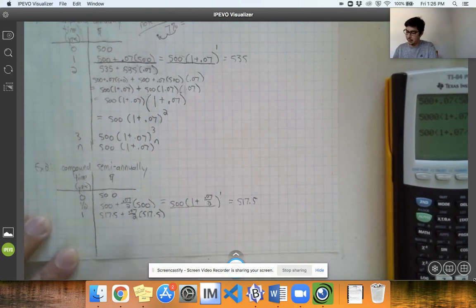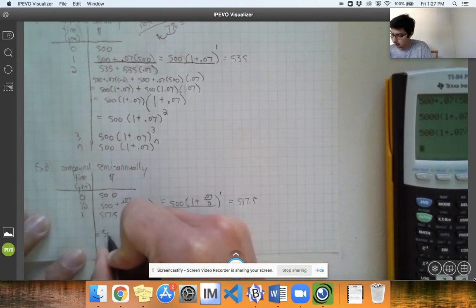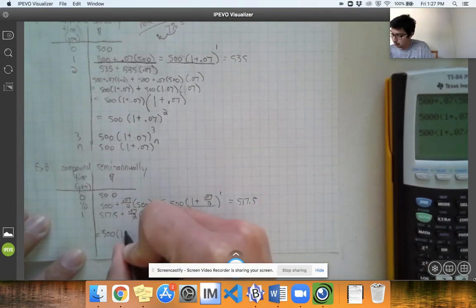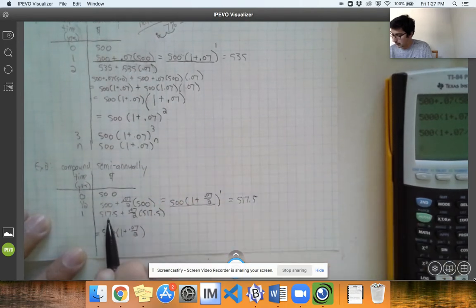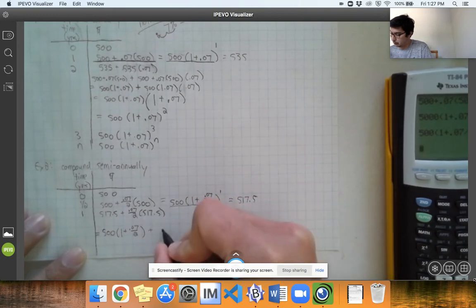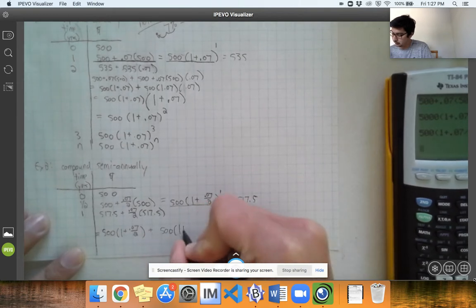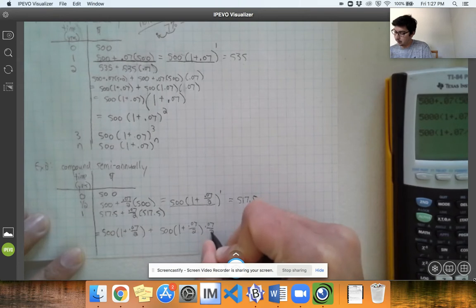517.5. But again, if I substitute in the generic formula from the original amount, I could rewrite this as 500 times 1 plus 0.07 over 2 for the 517.5, plus I could rewrite it again for this 517.5, and then you have 0.07 over 2.